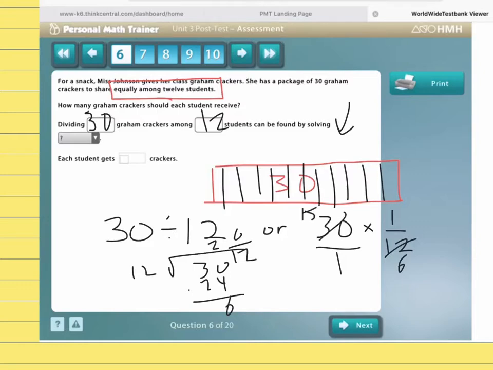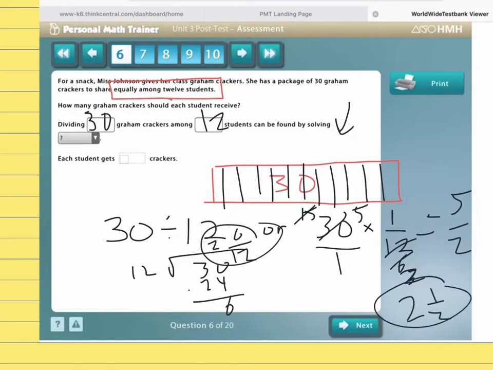We actually keep dividing that by 2 to get 3, or divide that by 3 to get 2, and divide 15 by 3 to get a 5, and you end up with 5 times 1 is 5, and 1 times 1 is 2, so 5/2, or 2 1/2. So either way, we're going to end up with 2 1/2 graham crackers per student. You can check your answer by multiplying 2 1/2 times 12. You'd end up with 30 graham crackers.